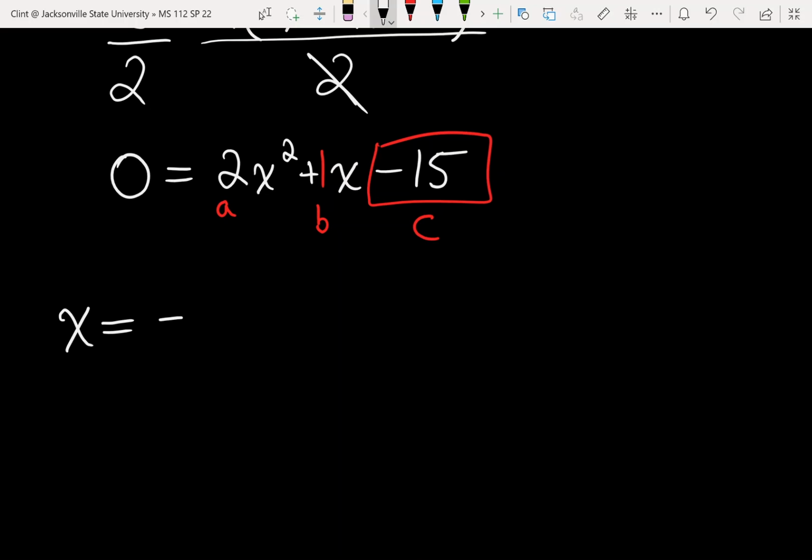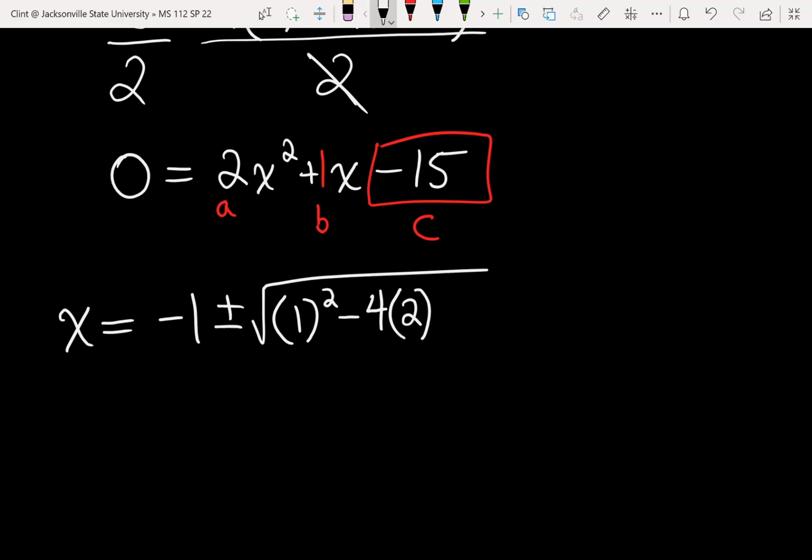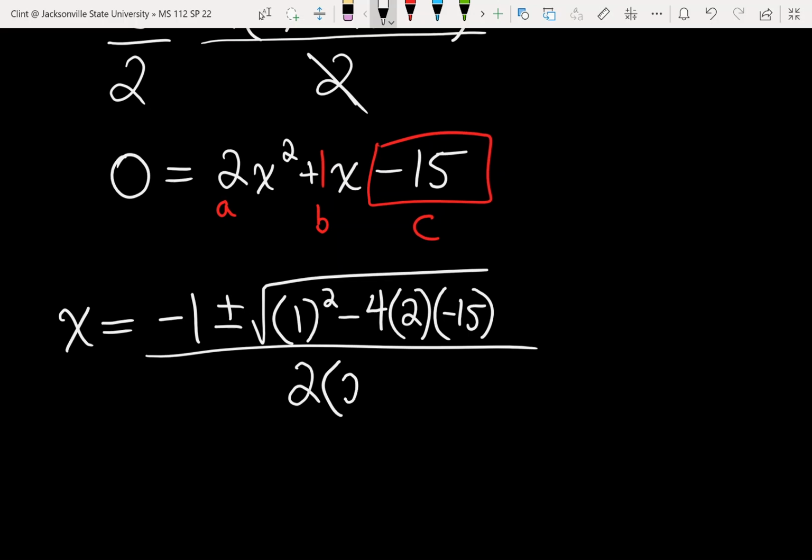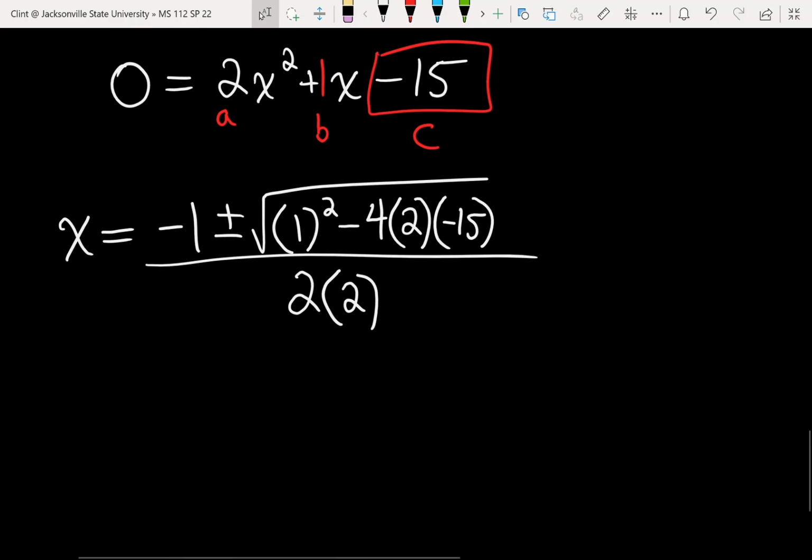We want the opposite of B plus or minus square root of B squared minus 4 times A times C, all over 2A. Okay. And we just got to simplify.